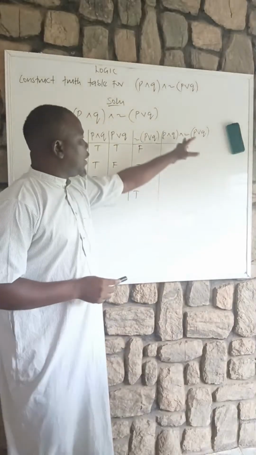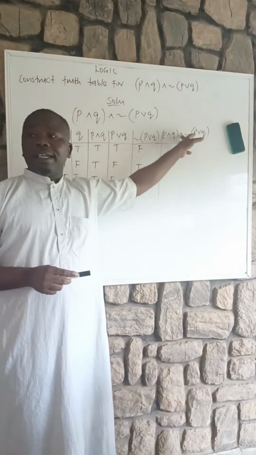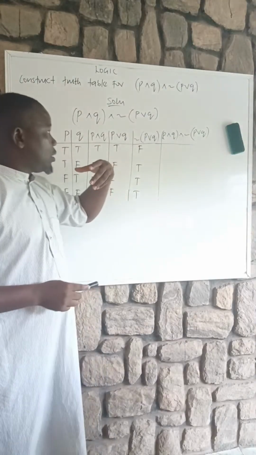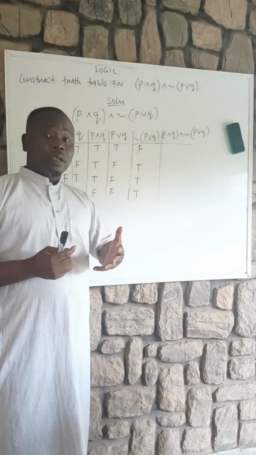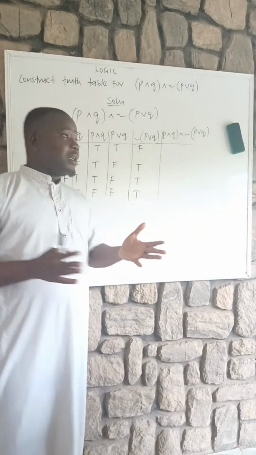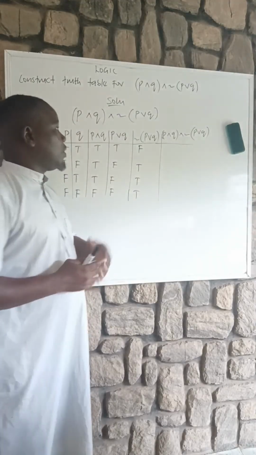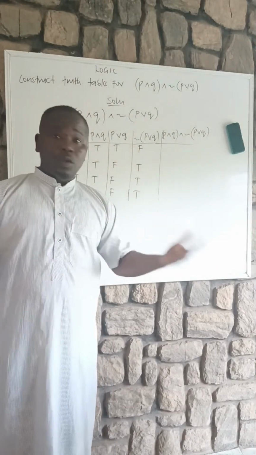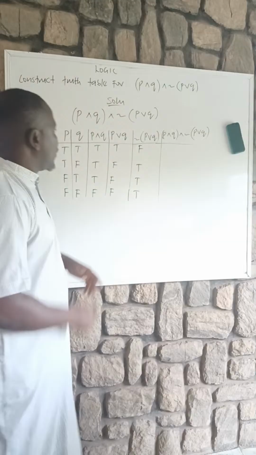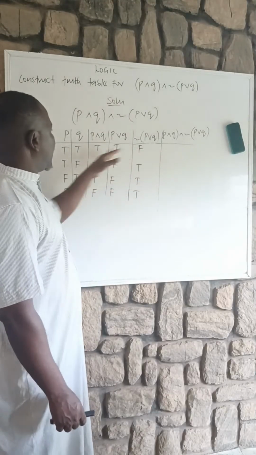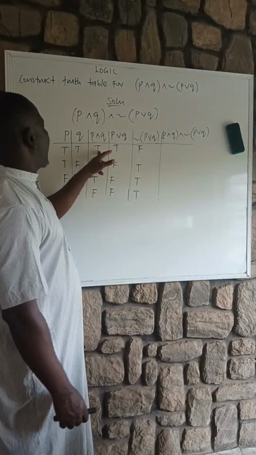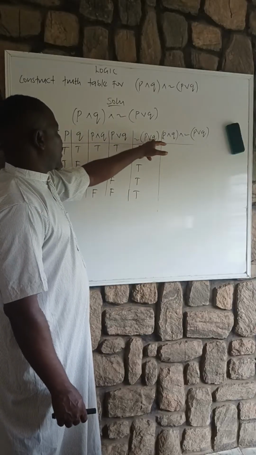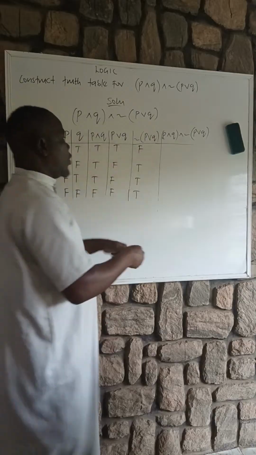Okay, but here we are saying disjunction. So it means the rules for disjunction: you can only consider two statements false if both of them are what? False. Remember. So here, this and this, look at it. This disjunction, TF, is going to give us what?